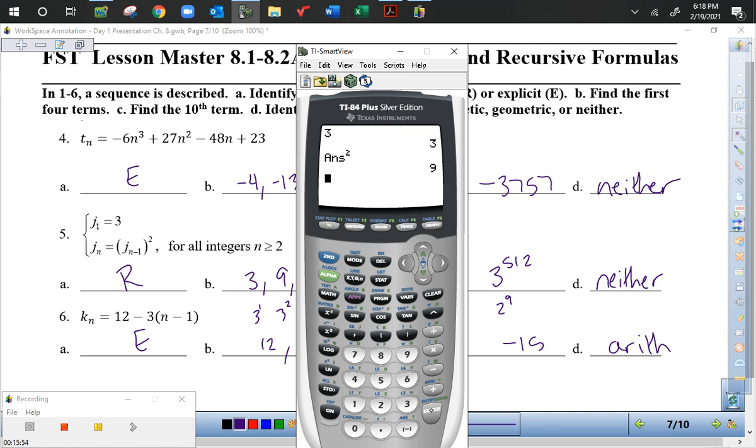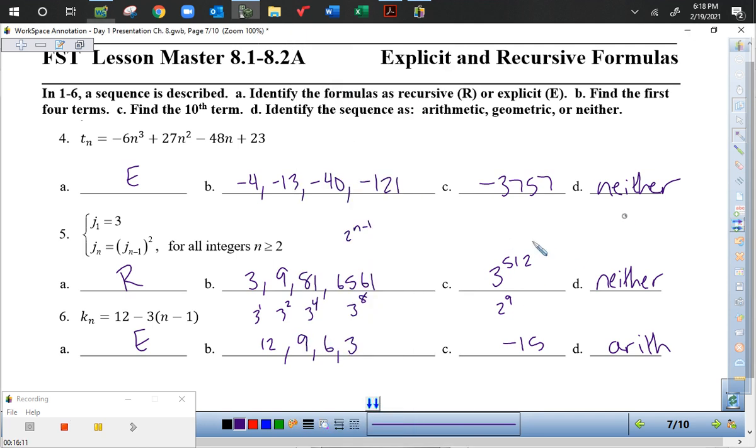Doing it a second time, third time, fourth, fifth, sixth, seventh, eighth, ninth, it becomes too big to actually finish here. So we can actually follow this pattern. If you notice, this is 3 to the first, 3 squared, 3 to the fourth, and then past that you may not have recognized, but it's 3 to the 8th. So our powers are actually geometric because each time our powers are multiplying by 2.